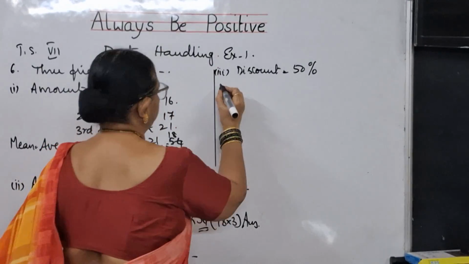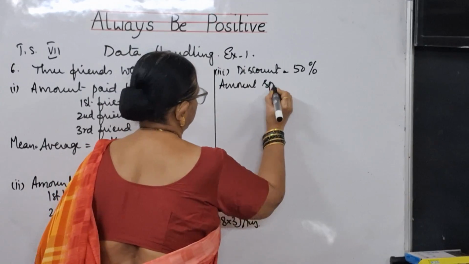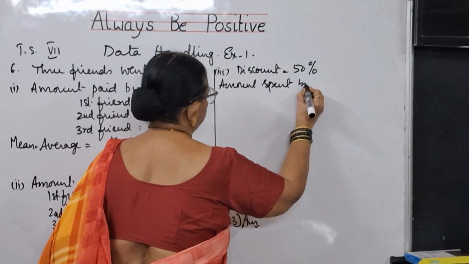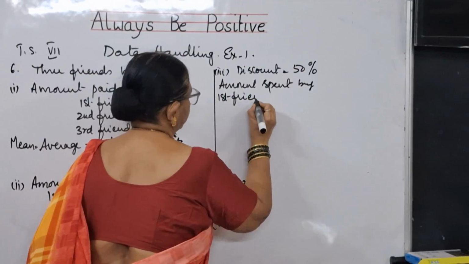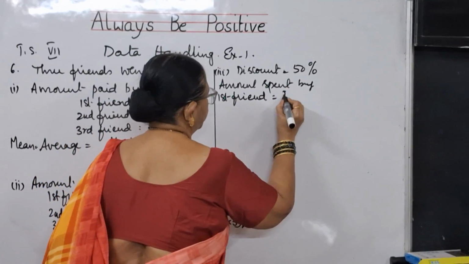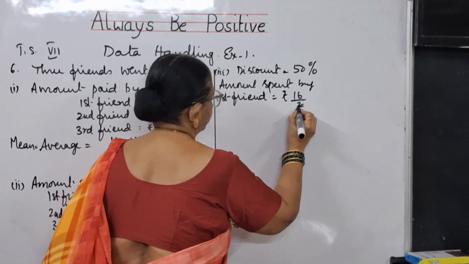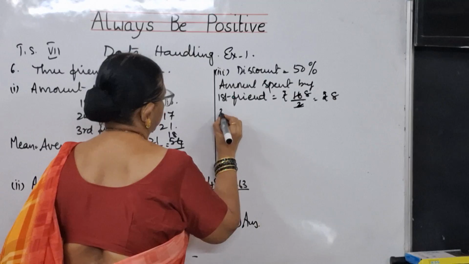So amount spent by the first friend is equal to 16 rupees by 2, that is rupees 8.